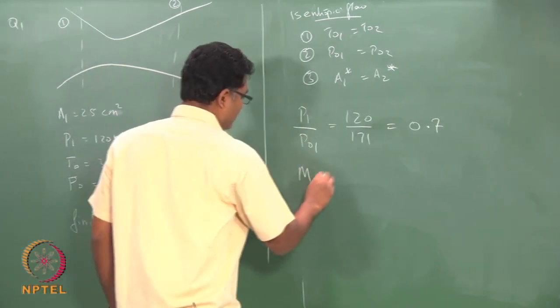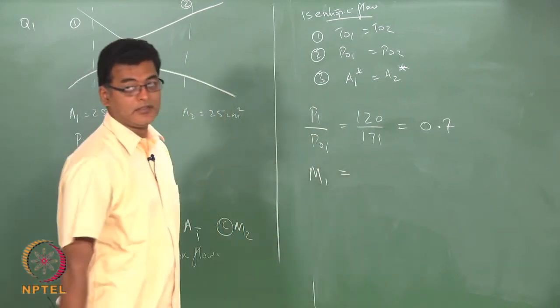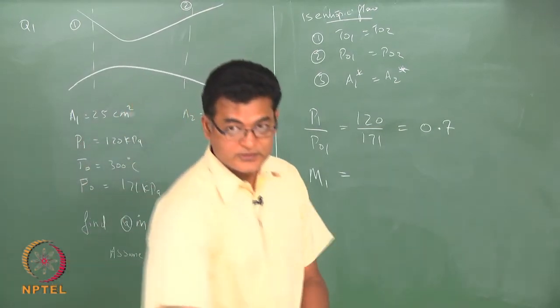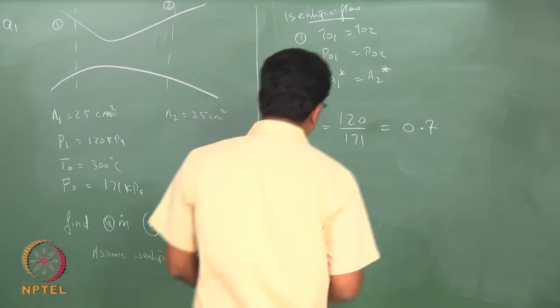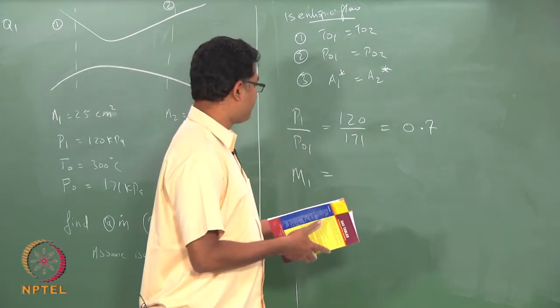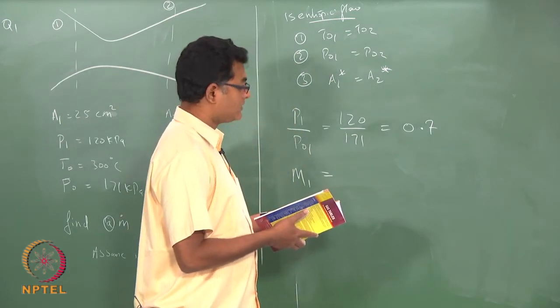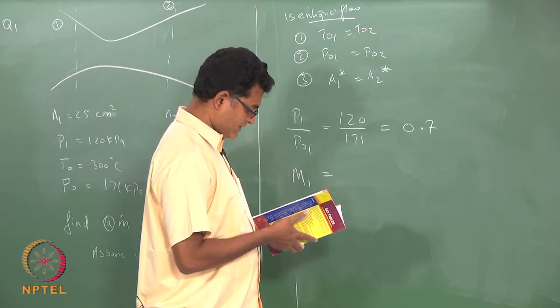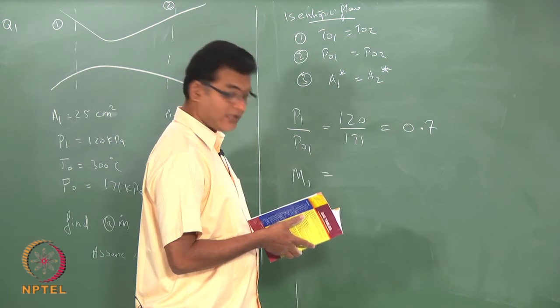The Mach number at 1 is then, so I look at the tables, gamma 1.4, P1 by P0 is 0.7, which gives Mach number 0.73.